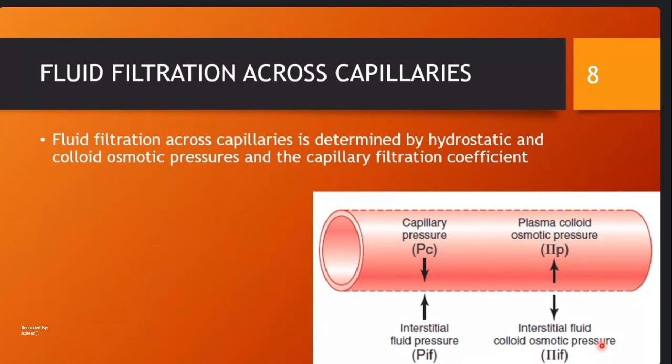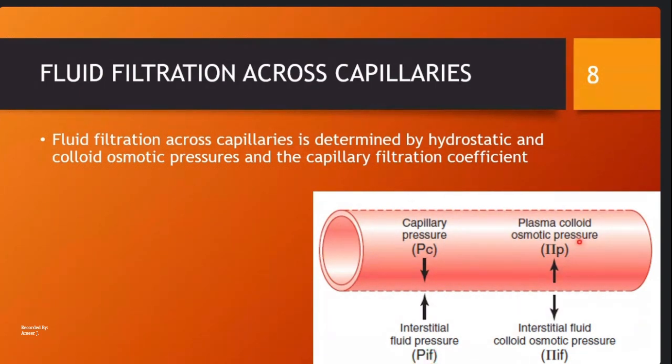Therefore, I can say that in normal situation, the capillaries pressure, osmotic pressure in the interstitium, and negativity of the fluid pressure inside the interstitium, all of them tend to move the water from the capillary into the interstitium.